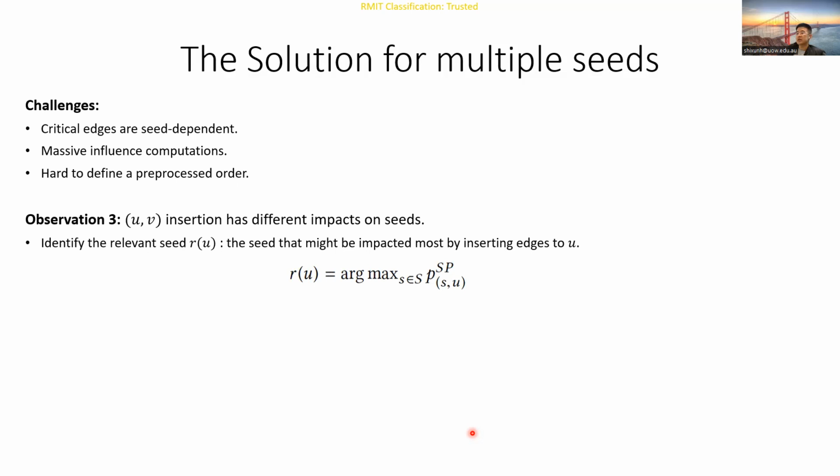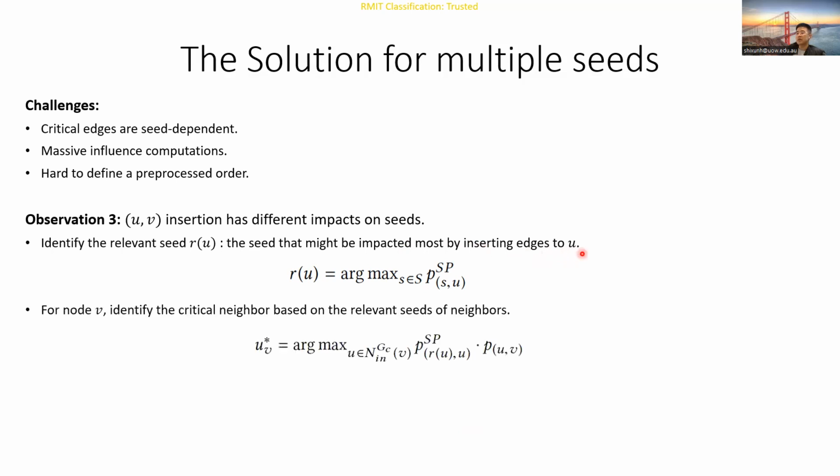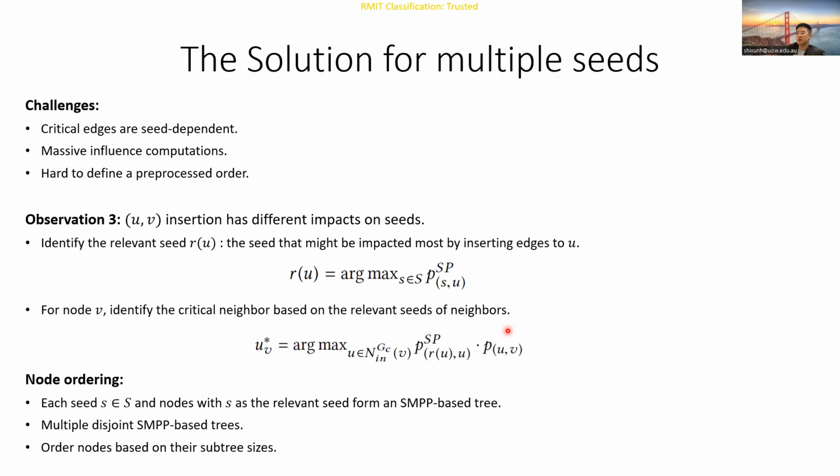So we resort to identifying the relevant seed, the seed that might be impacted most by inserting edges to a node U. And then for node U, we identify the critical neighbor based on the relevant seeds of neighbors. So each seed and the nodes with this seed as the relevant seed form an SMPP-based tree. We can do this for all different seeds, and we can form multiple disjoint SMPP-based trees. And we can order nodes based on the subtree size.